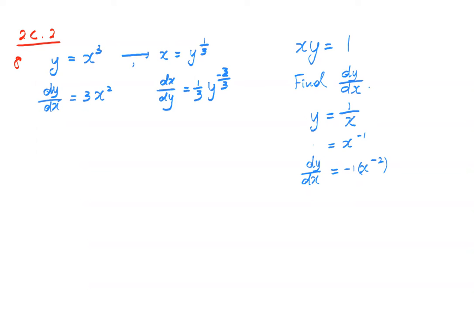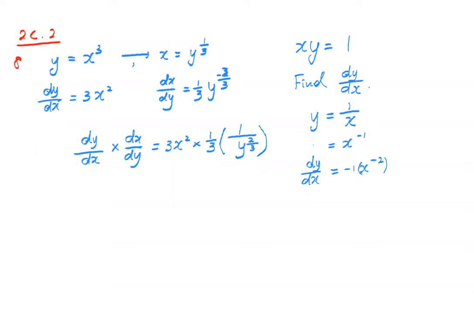Okay, so now dy over dx times dx over dy. So this is equal to 3x squared times 1/3 times 1 over y to the power of 2 over 3. Correct?